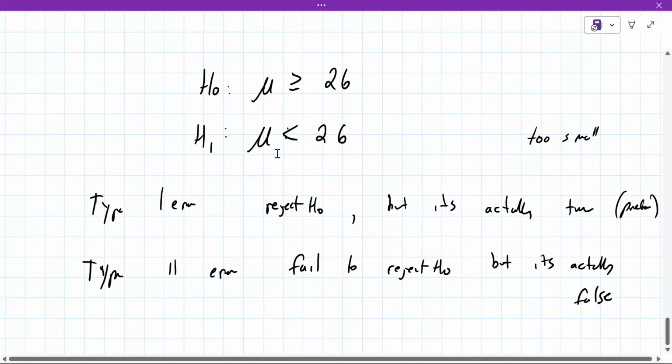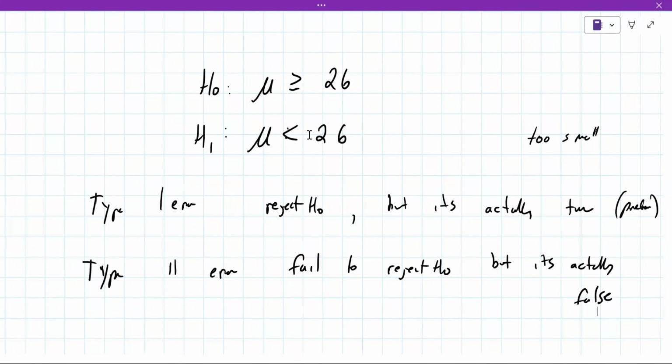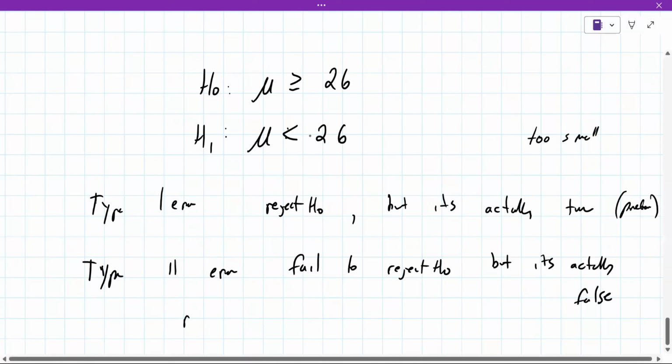But what happens in reality? It doesn't fit. And is that bad? Yeah. That's horrible. That's the worst thing that can happen, right? And so that's why type 2 error is really, really bad, typically.